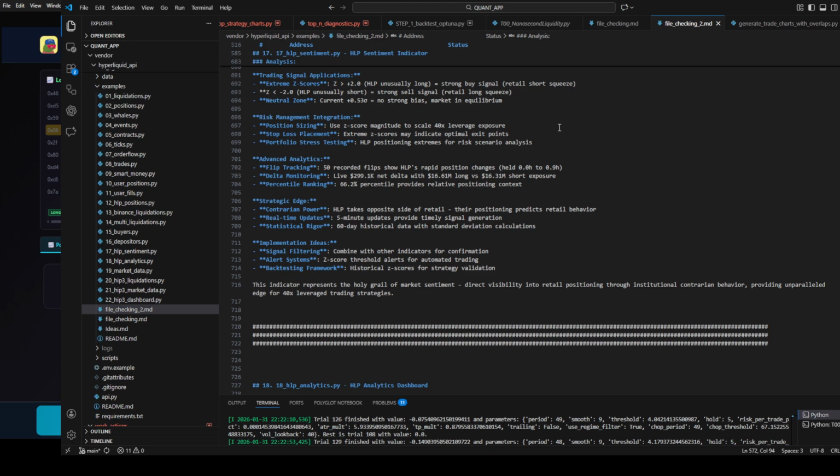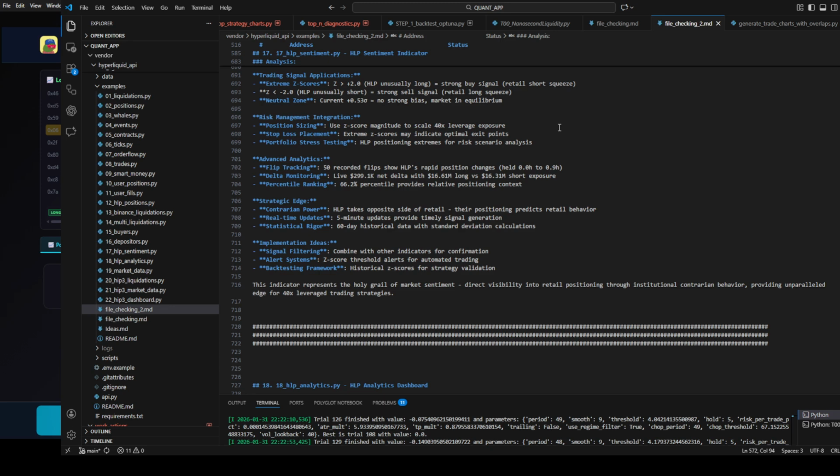Delta monitoring: live 299.1k net delta with 16.61 mil long versus 60.31 short exposures. Percentile ranking 60.6, sorry, 60.2. Percentile provides relative positioning context.